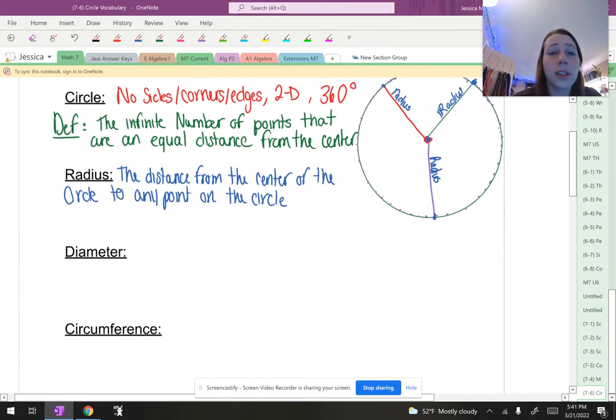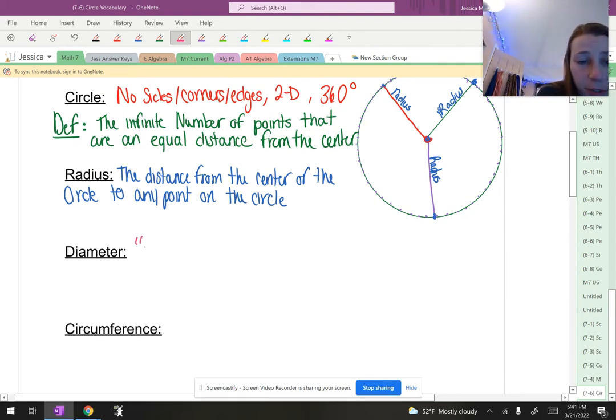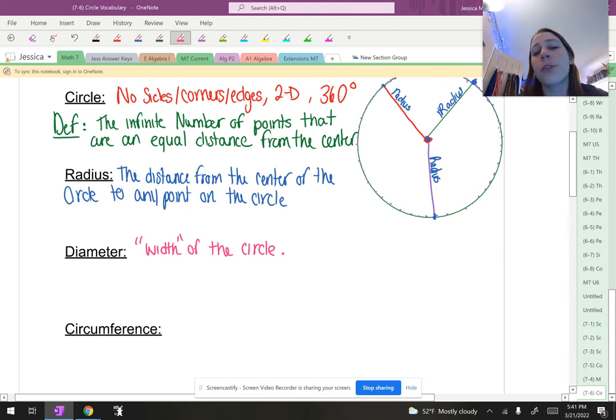Okay, so that leads us next to a diameter. And a diameter is more or less the width of the circle. It is extremely important because when we're measuring the width, if I were to draw something from here to here, does that accurately measure the width of the circle? You know, how wide the circle is. And it would be no, because it's not going through the center.